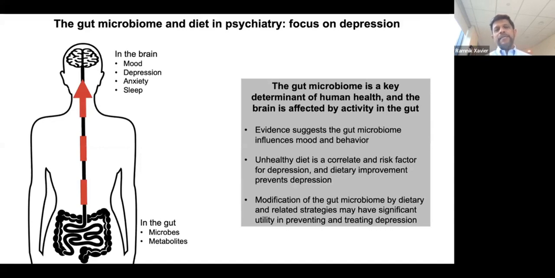And we're now beginning to learn that the gut microbiome has much broader effects. So the effects that I've described in the previous three vignettes are effects that are local, in the gut. But now emerging evidence from many groups is beginning to show that broader phenotypes such as mood, depression, anxiety, and sleep may have important contributions from gut bacteria and the products from these gut bacteria.